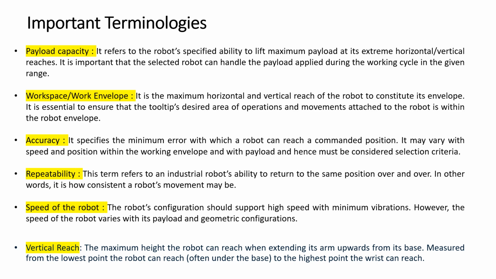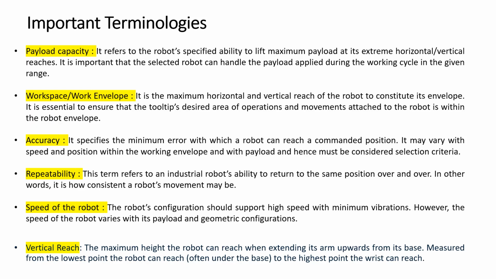Then the speed of the robot. Now different configurations will have different speeds. Some will support high speed with minimum vibrations, because that is also an important factor. When you have high speeds, the inertia of the part and the inertia of the end of arm tooling are things you need to take into consideration.